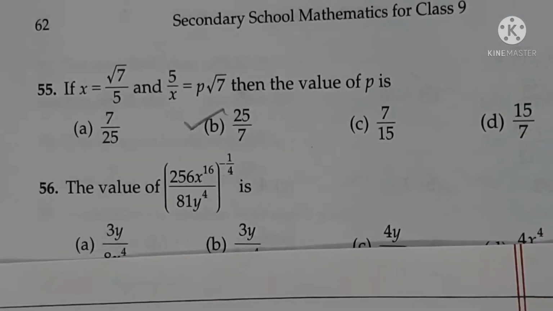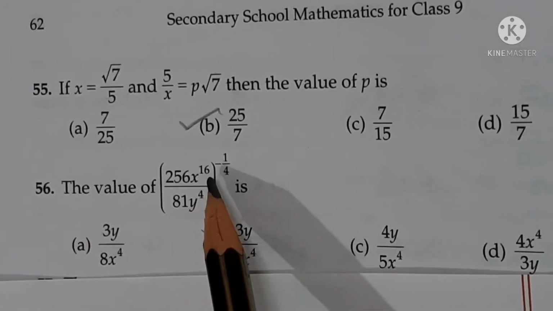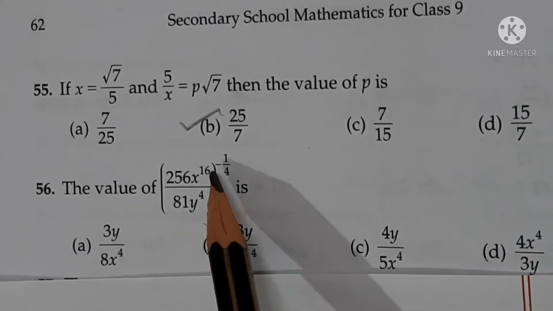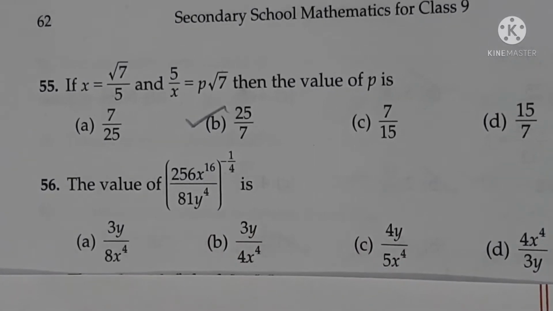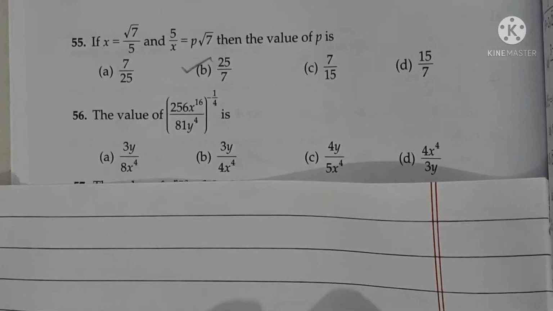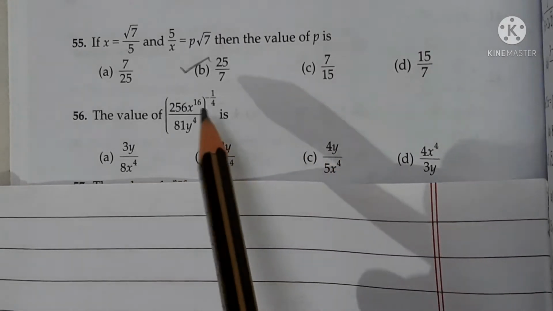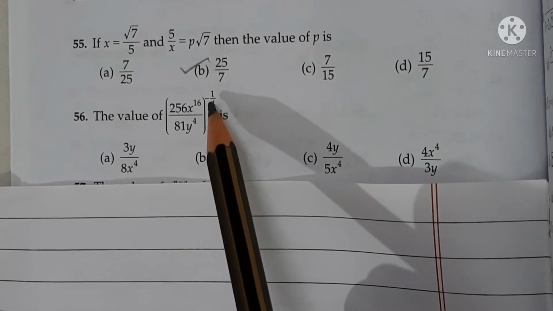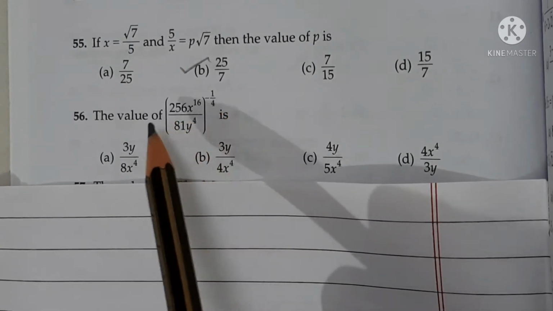Question number 56. The value of 256 into x to the power of 16 upon 81 y to the power of 4, whole to the power of minus 1 upon 4. See the solution. Now take a clue from the options. First you watch, this power is negative. You can make it positive by reciprocating the numerator and denominator.